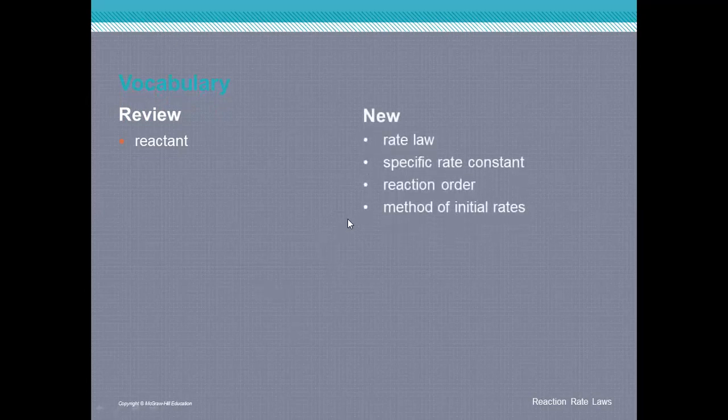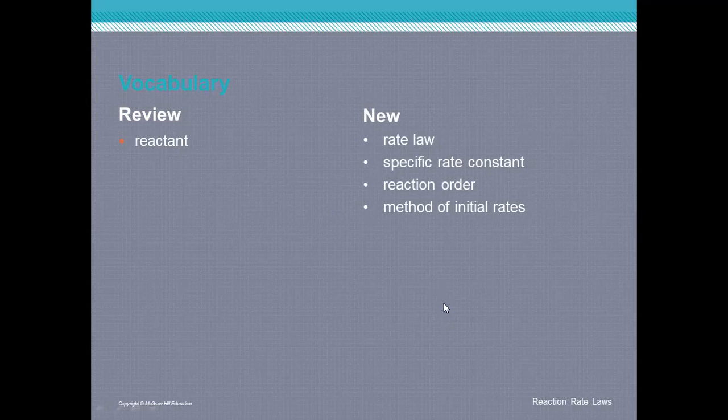The vocab that we are going to study in this session, inshallah: number one, rate law; number two, specific rate constant; number three, reaction order; number four, method of initial rate.